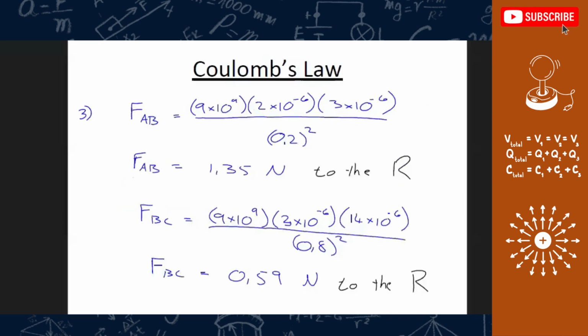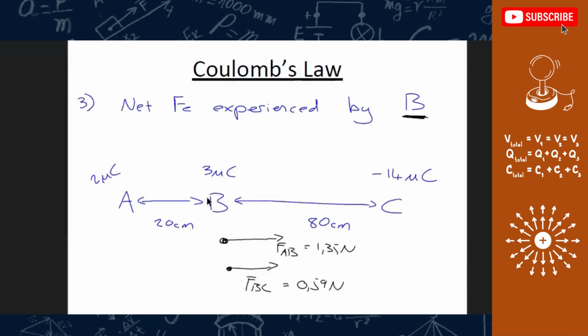We also calculate the force between B and C, or the force on B because of C. We get a value of 0.59. Now, B is positive and C is negative, meaning that B is going to be attracted towards C. So the force of C on B is also going to the left, giving us a final value of 0.59 newtons.